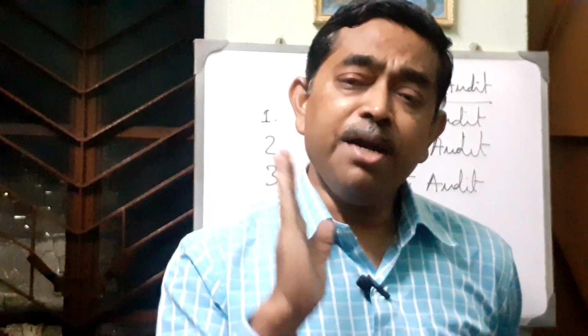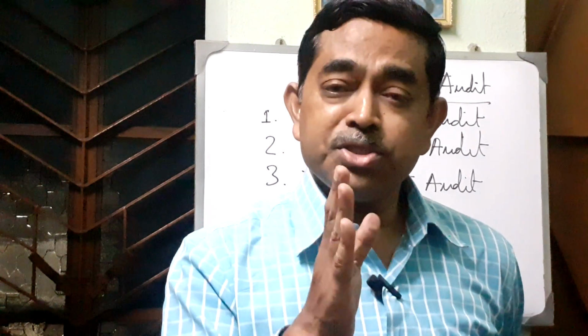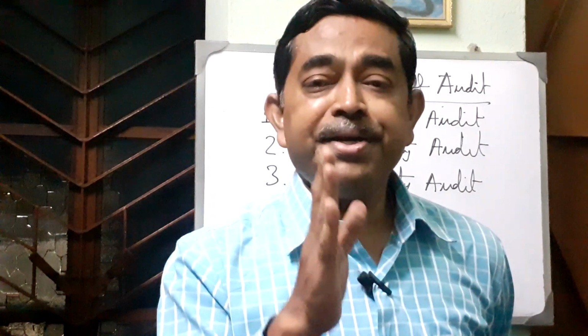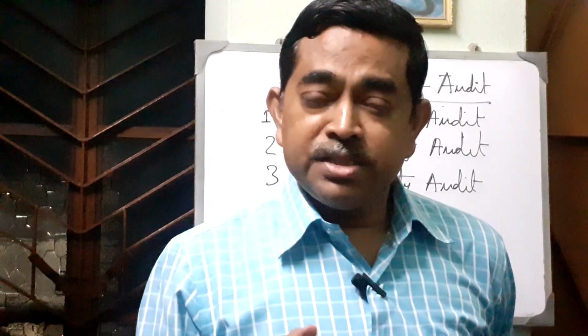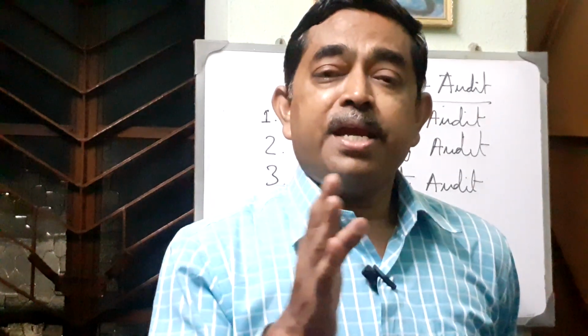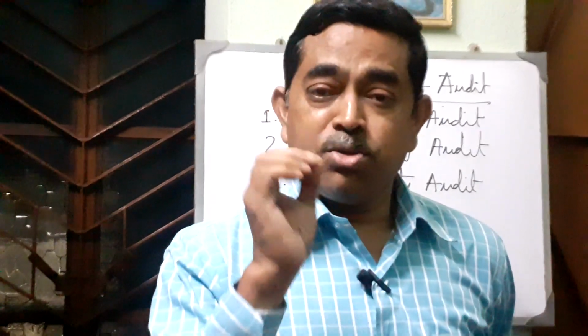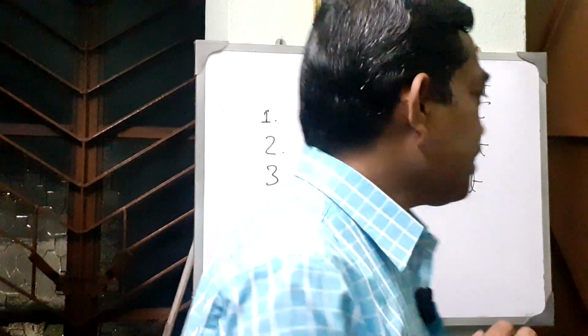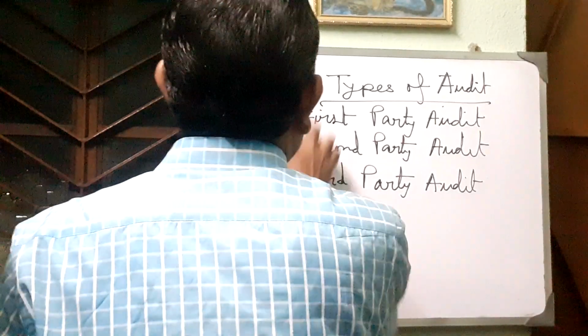This is called the second party audit. The third party audit is the external audit, done for certification purposes by the certification agency's appointed external auditors, and if they are satisfied, they will award the ISO certification. So these are the three types of audit that generally happen.